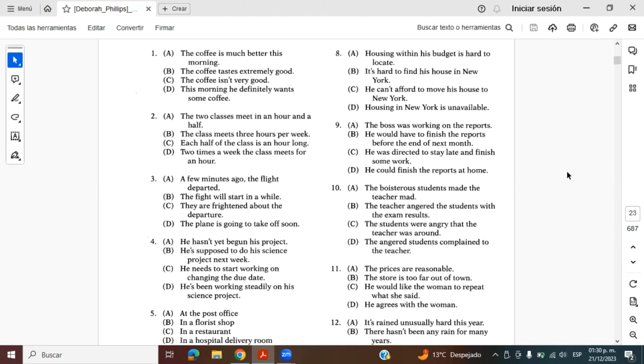Number 10. Miss Jones did not look too happy as she left her classroom. She was angered by her rowdy students. What does the woman mean? Number 11. The prices at this store are really outrageous. You can say that again. What does the man mean?